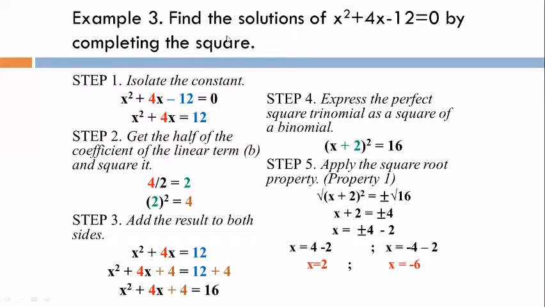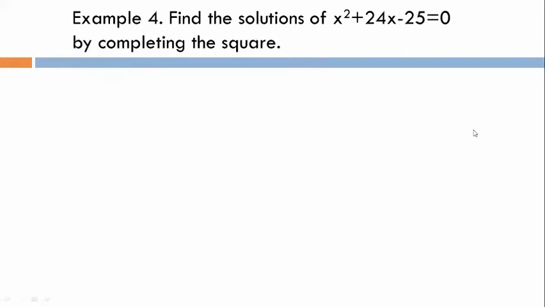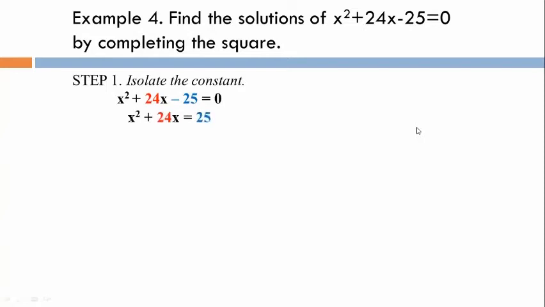Let's have another example. Find the solutions of x squared plus 24x minus 25 is equal to 0 by completing the square. Again, just remember the steps in solving quadratic equations by completing the square. First, we isolate the constant. With this, the constant is 25. So when we isolate the constant, it will become positive 25 by addition property of equality.